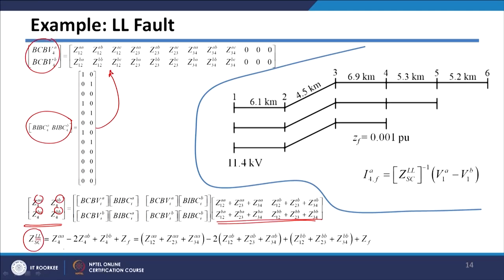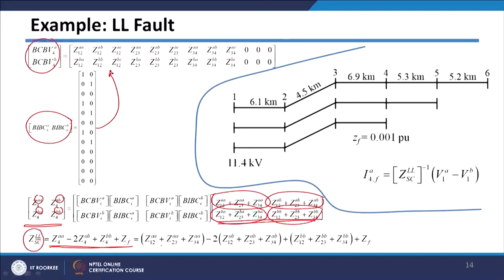That is given by this particular expression here, which we already derived, where this part is nothing but ZAA of 4th bus, this is ZAB of 4th bus, this is ZBA of 4th bus, and this is nothing but ZBB of 4th bus.